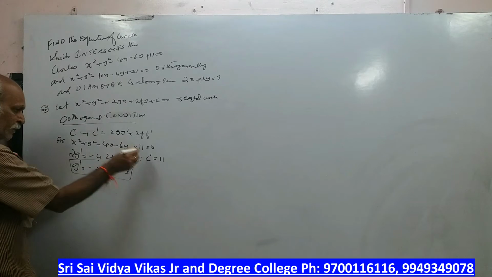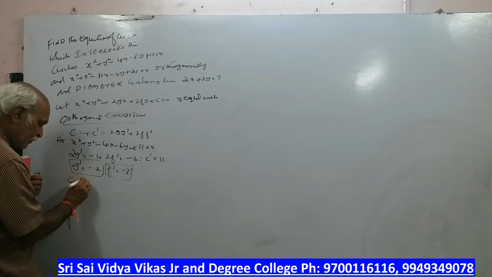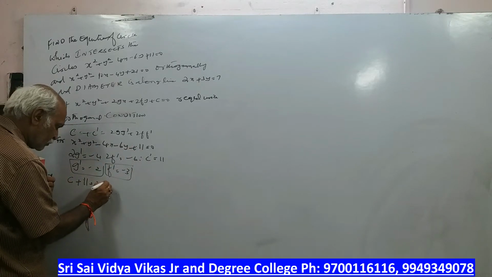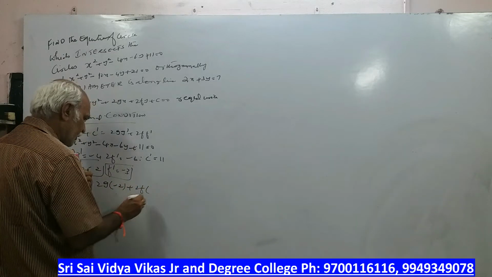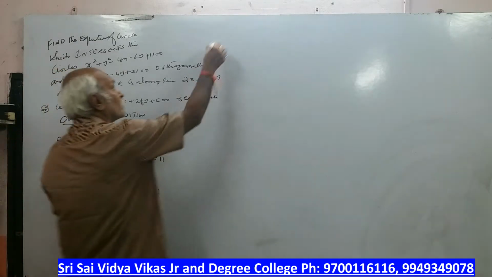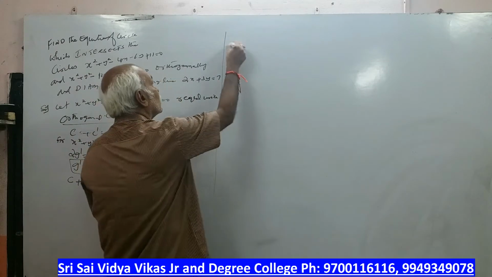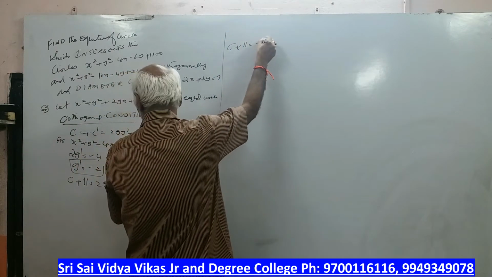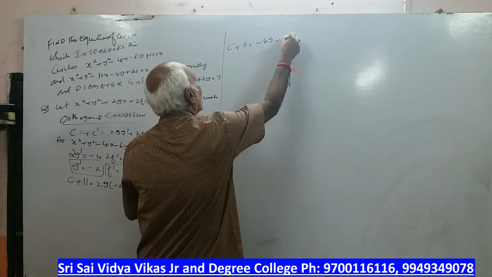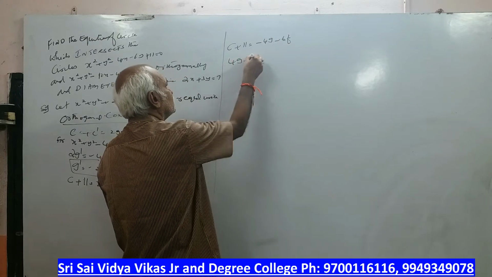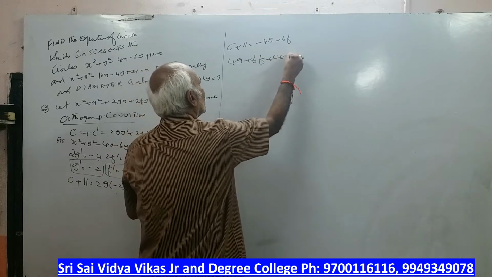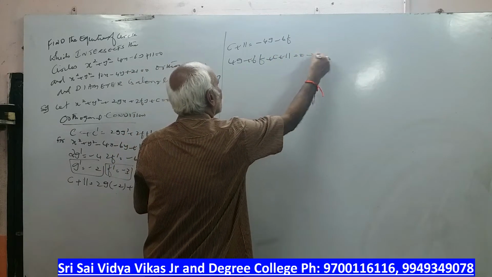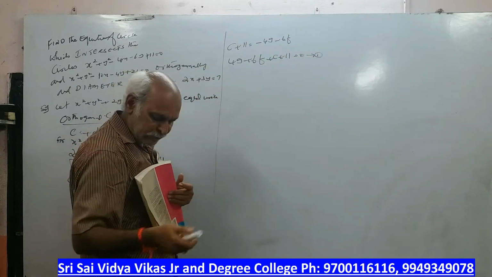So c plus c dash, c minus 11 is equal to 2 into g into minus 2, plus 2f into minus 3. So c minus 11 is equal to minus 4g minus 6f, so 4g plus 6f plus c minus 11 is equal to 0. First equation, right?